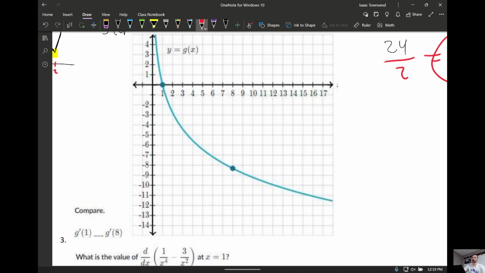Okay, so look at the slope at 1, look at the slope at 8. Which one of those has a bigger slope? 8 is closer to 0, isn't it? This is a steeper slope, but it's negative. Something close to 0 is bigger than something that's super negative. The derivative at 8 is bigger than the derivative at 1.